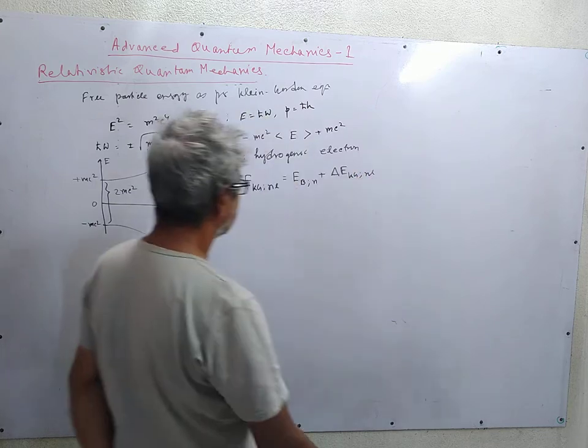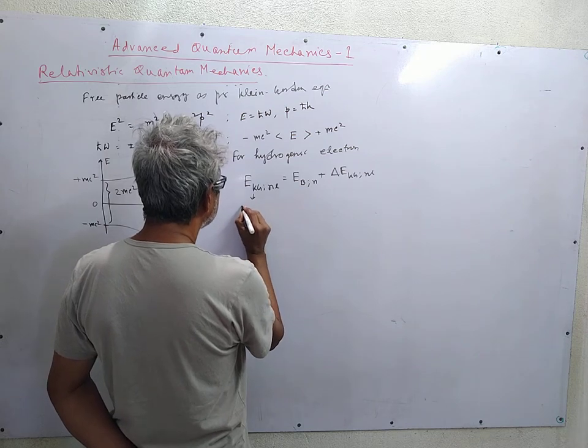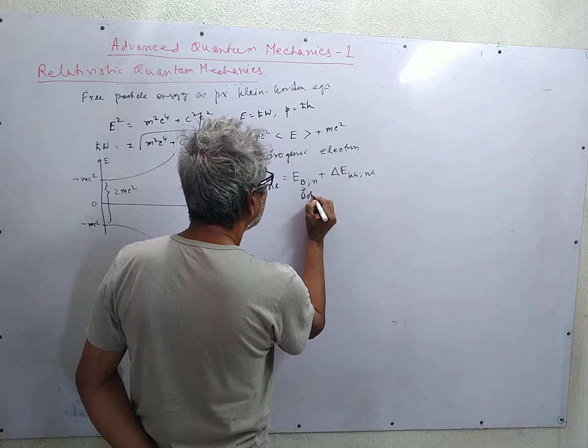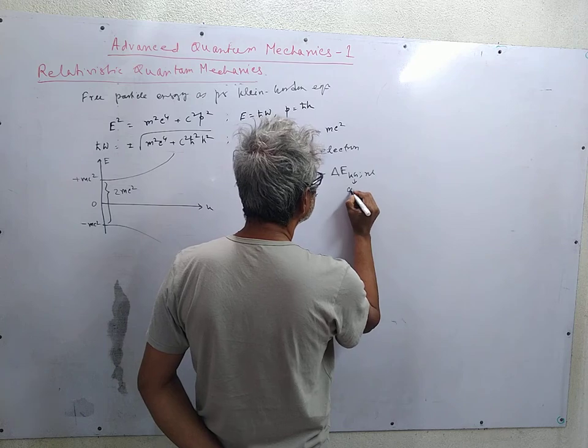We write it like this. This is the energy as per Klein-Gordon theory, this is the energy as per Bohr's theory, and this is the correction term.